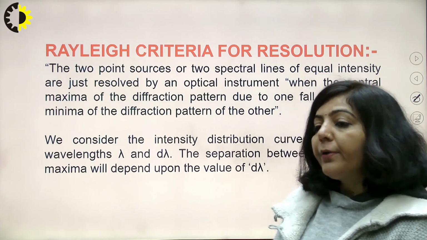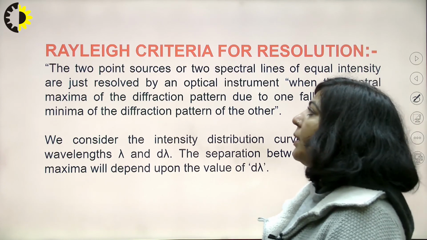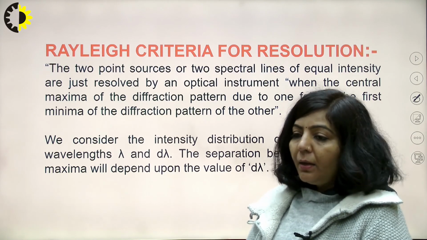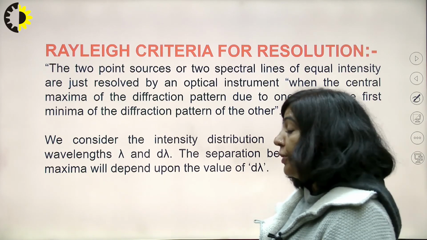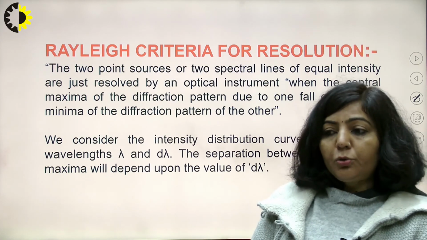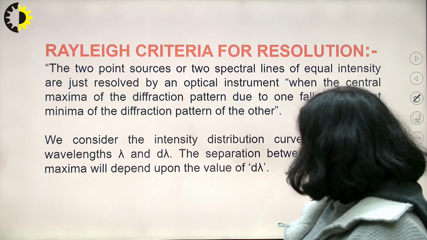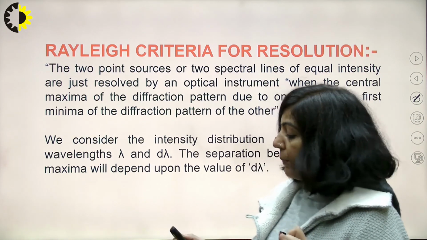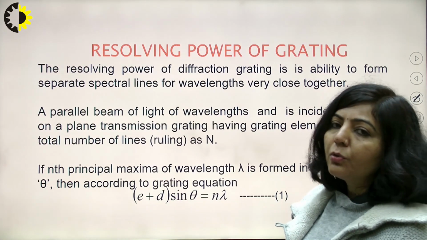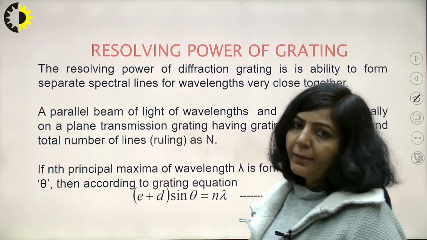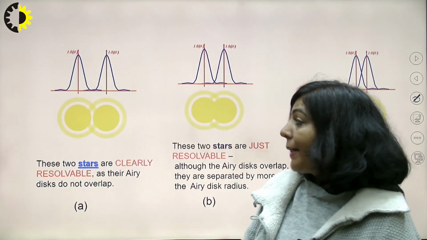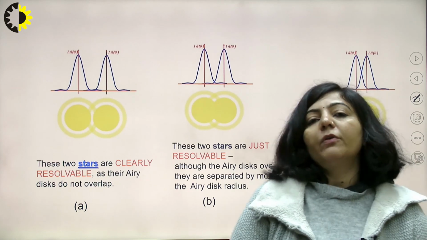We will understand what criterion, if fulfilled by an optical instrument, lets us differentiate between two sources or two different diffraction patterns, and using that criterion we will derive an expression for the resolving power of a grating. That is our last lecture in this chapter of diffraction. So in the next lecture we will discuss the Rayleigh criterion of resolution and the resolving power of a grating.